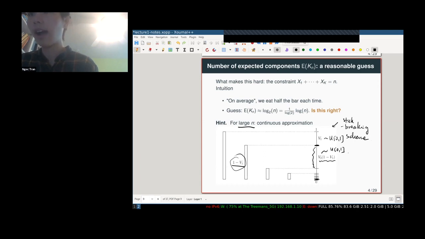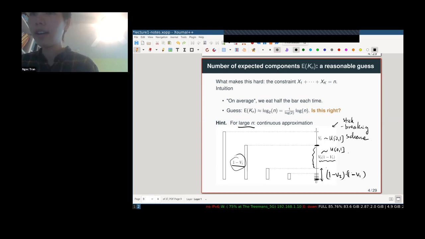That gives me the size of the next piece of chocolate that I'm eating the next day. And what's left now should be 1 minus V2 times 1 minus V1, which is the size of the piece available to me for the third day.